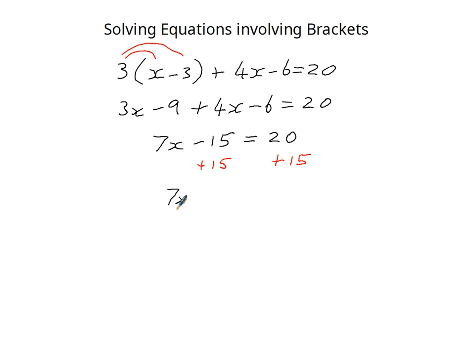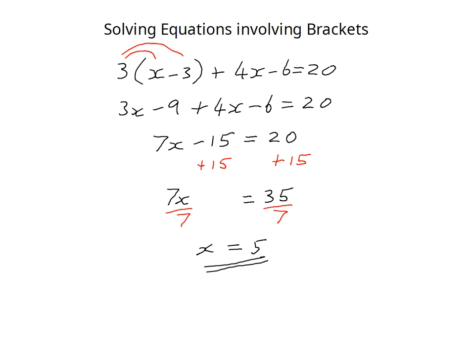So that gives us 7x minus 15 plus 15 is nothing, is 0. 20 plus 15 is 35. So 7x's are 35. We want to find 1x, so we need to divide by 7. 35 divided by 7 is 5.